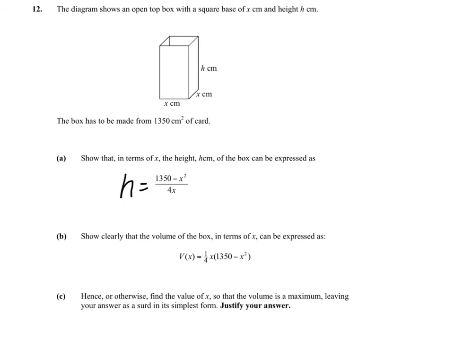First of all, part A, we need to show that the height equals (1350 minus x squared) over 4x. So we'll give ourselves a little bit of room by moving this off to the side. So first of all, what we know is that our box is made up of 5 pieces of card altogether.